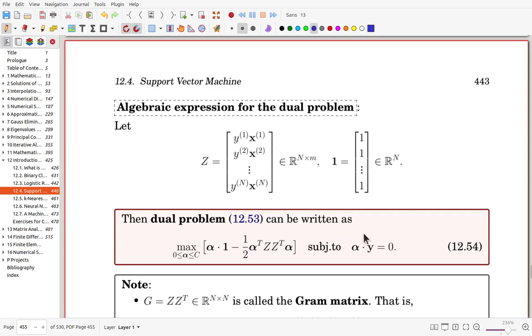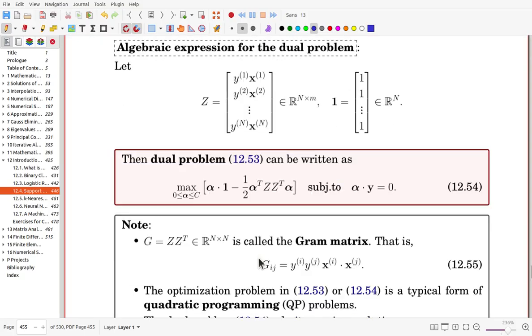Okay, here we have the algebraic expression for the dual problem. We define this Z matrix, along with the multiplication of the label and the point, the collection, and then the all-ones vector. Then the dual problem can be written in this way. Now alpha dot 1 is basically the summation of the Lagrange multipliers.